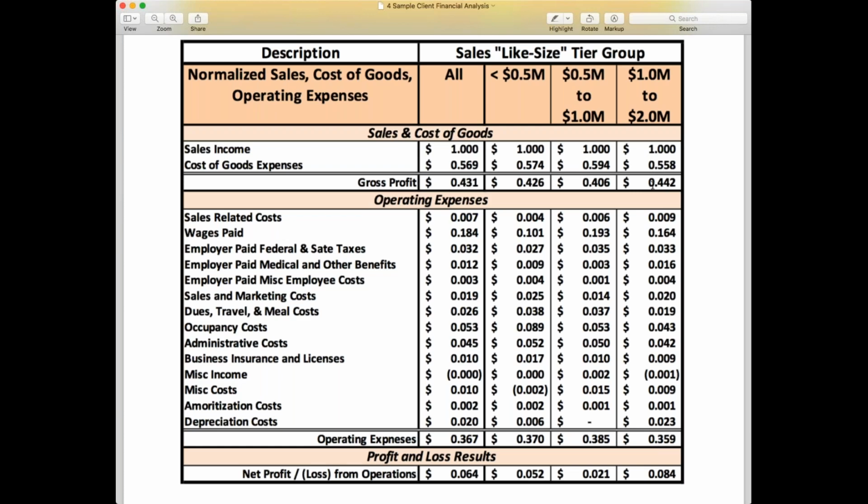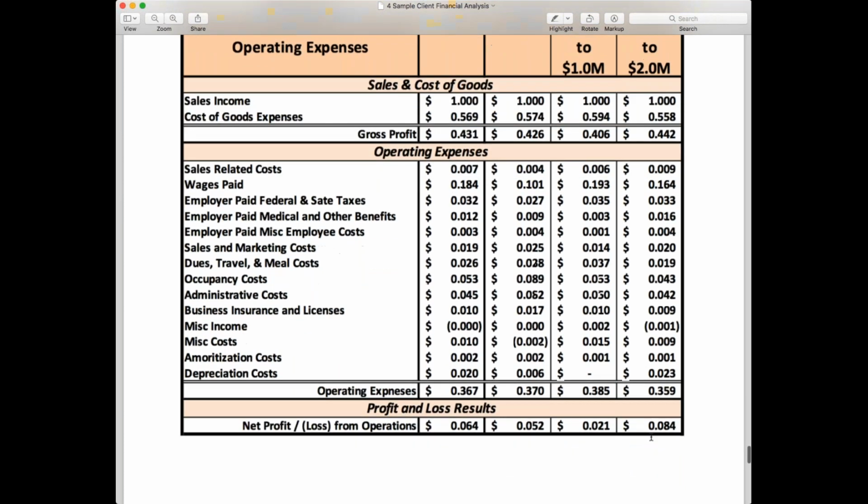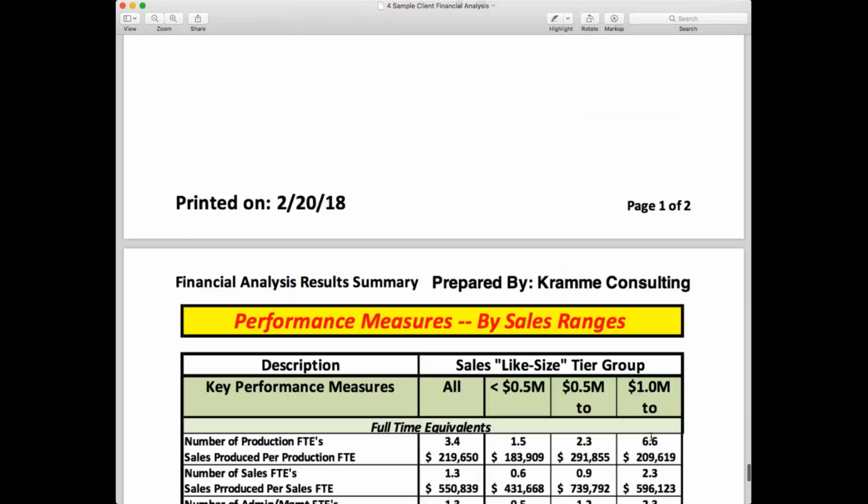So the gross margin's 44. These are the different expenses then, and the overall average in that 1 to 2 million range is 8.4 cents per dollar as the net profit, or 8.4% would be the net profit ratio for that particular category.